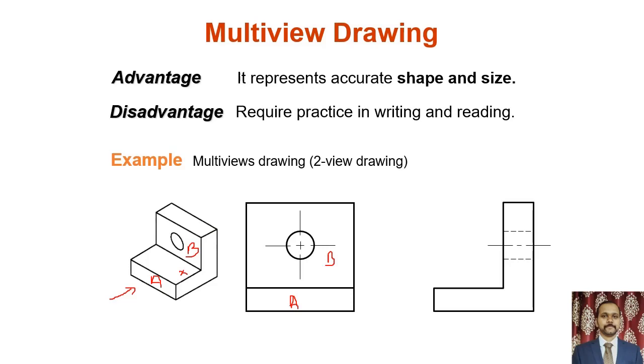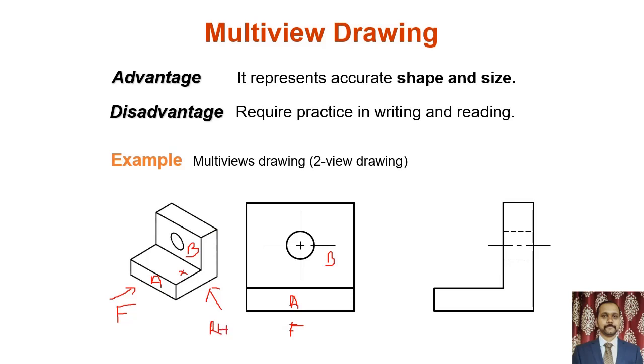Okay, so we are going to deal with the front side. So this is the front side, we are going to see this, and we are going to see these two parts, that is A and B. And this is nothing but your right hand view. That means you are going to see it from the right hand side.